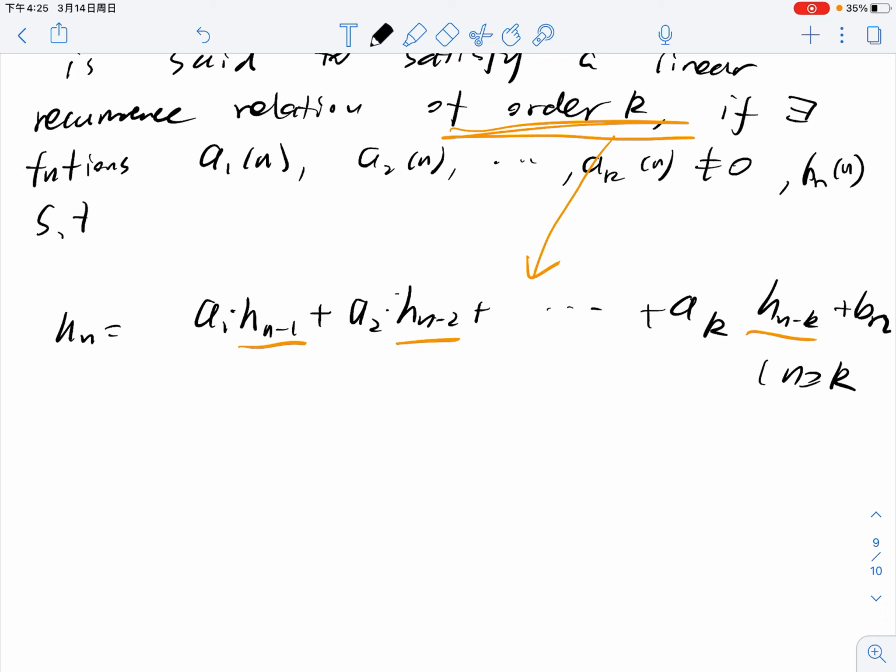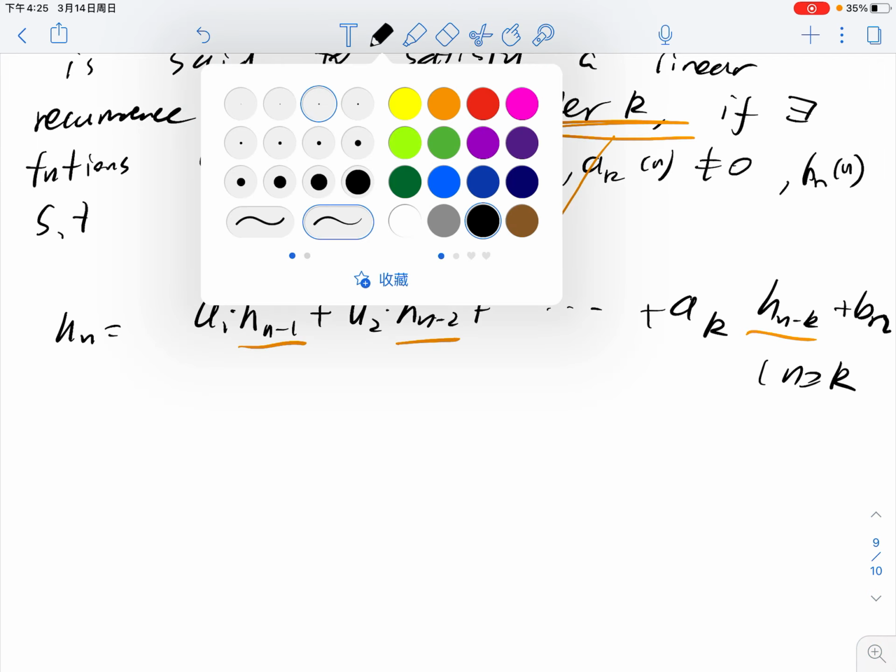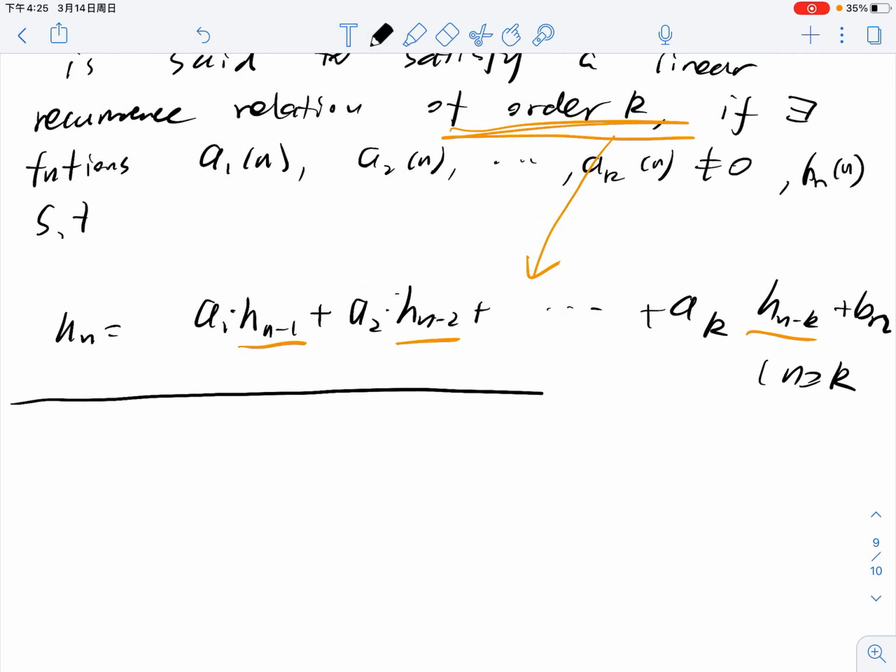Okay, and of course, for this general question, we have no way to deal with it with a closed form. We only deal with some easy cases. But before that, we first look at some other examples.